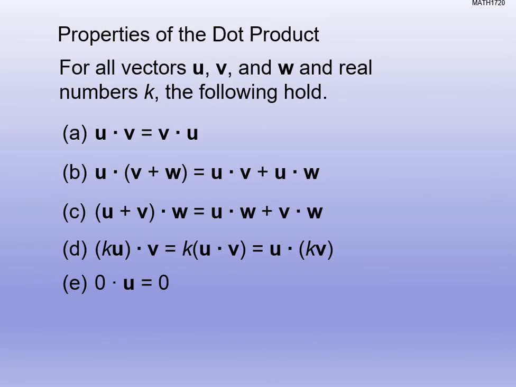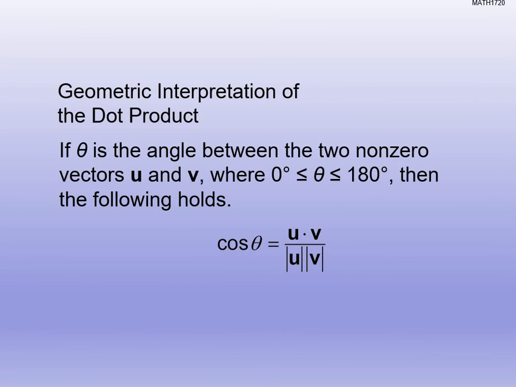Anytime we do 0 dot u, we get 0. If we do u dot u, we get u squared, or the magnitude squared. Make sure you have all these properties down for your homework assignment. There'll be some basic ones that you have to rewrite and solve as you go through here.